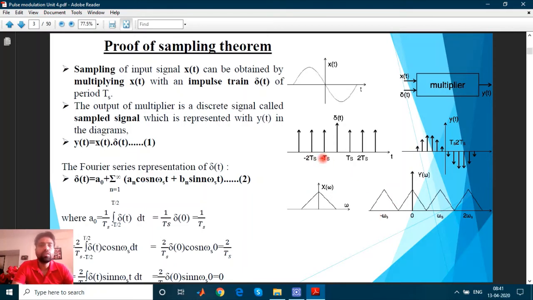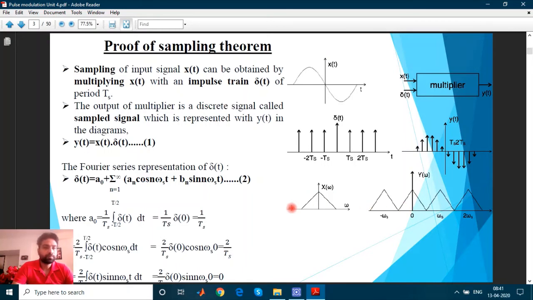So minus omega s is shifted, minus 2 omega s is shifted, minus 3 omega s will be shifted. Similarly on the positive side, Ts, 2Ts and so on will be shifted. So we will get a number of shifted amplitude or frequency response copies.